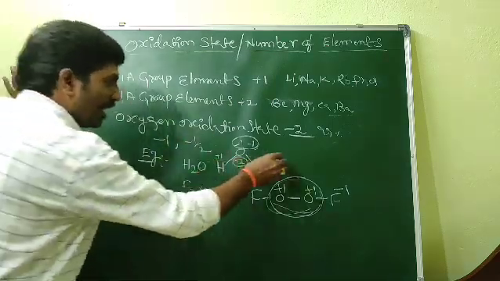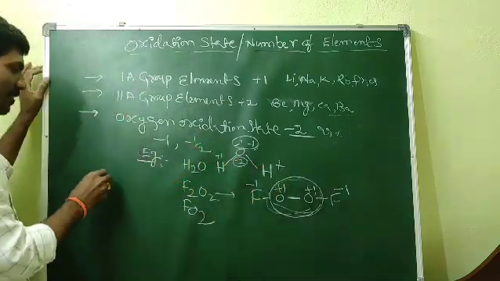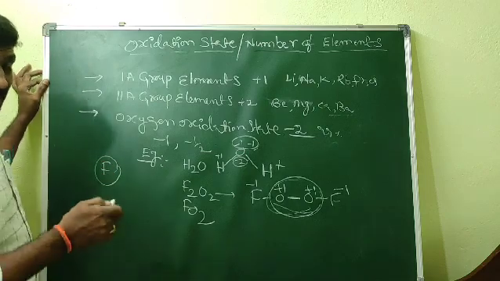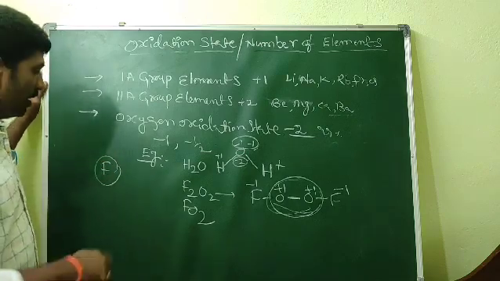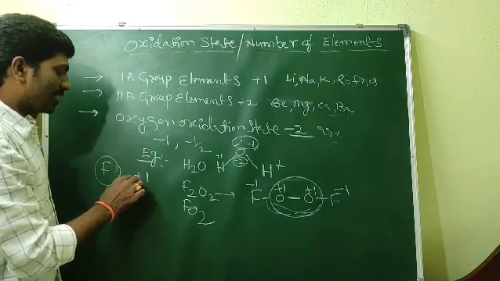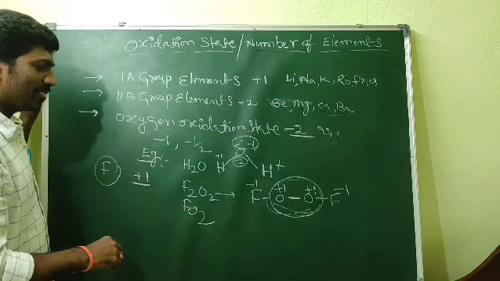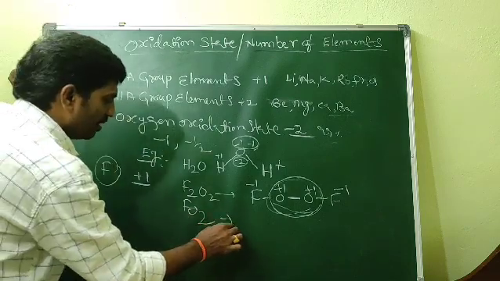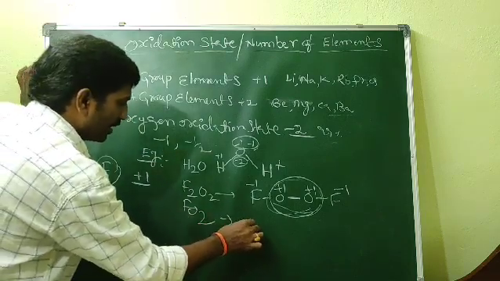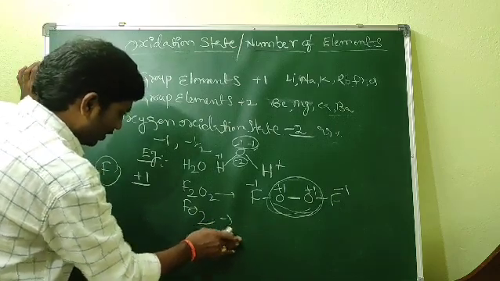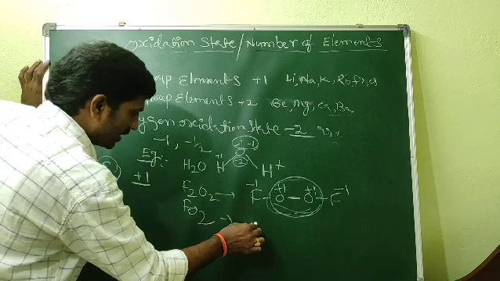Now when oxygen is in contact with fluorine, oxygen will exhibit the +1 oxidation state also. Now where is -1? We will see how much will come for that. For example, H2O2, on this one also we will discuss.